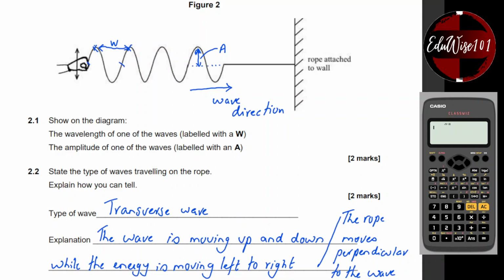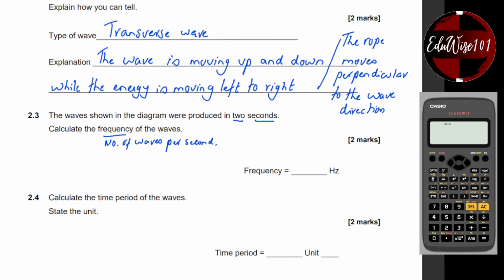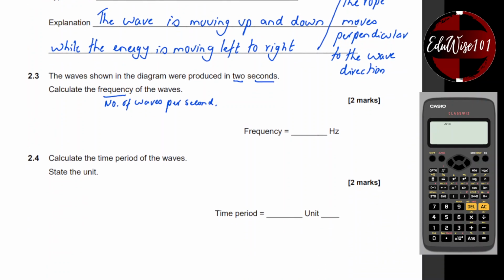From there to there is one wave. To that point is the second wave. There is the third wave, and that's 4 waves there. So 4 waves divided by 2 seconds is 2 waves per second, or 2 hertz.